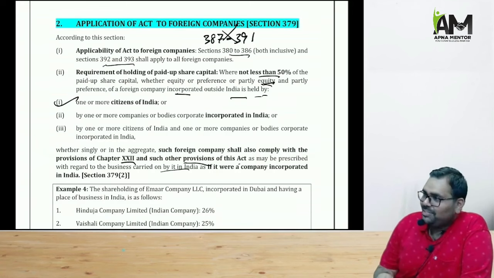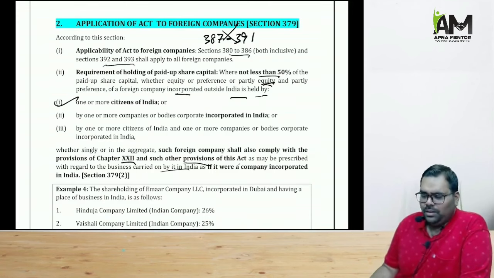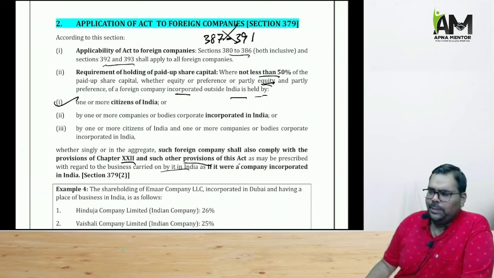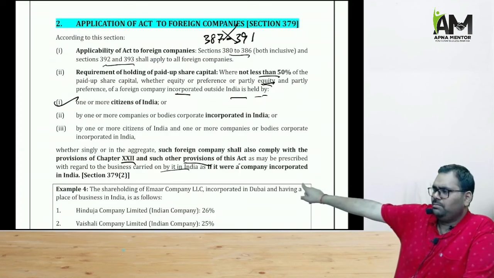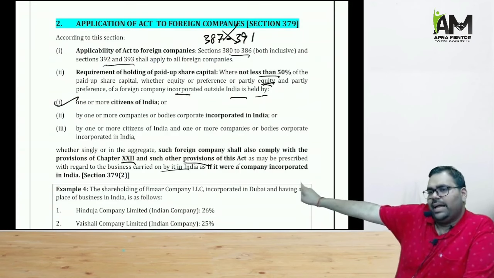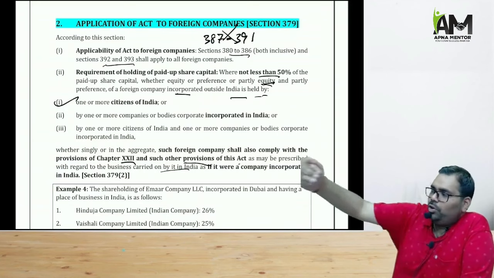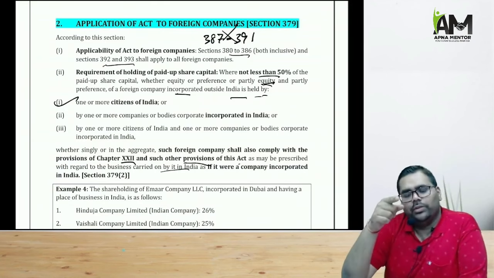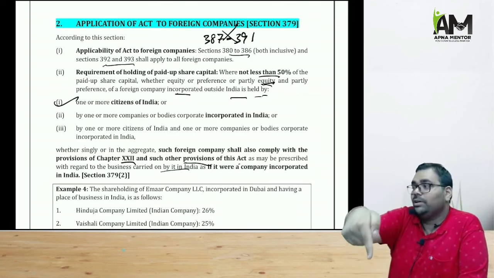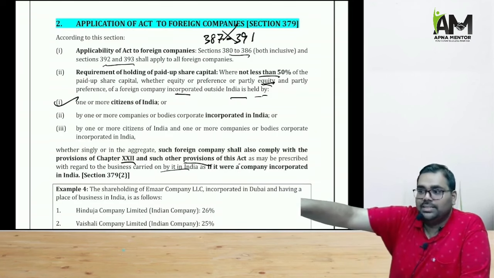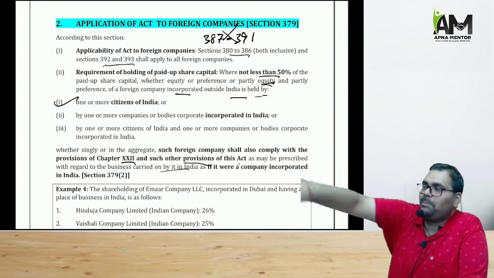Then you will see in one place they will write, you do one thing, the provisions of the company accounts chapter 9 are applicable to you. Then you will go ahead, you do one thing, audit also has to be done. You are doing business in India, no? So the provisions of audit chapter 10 are also applicable to you.